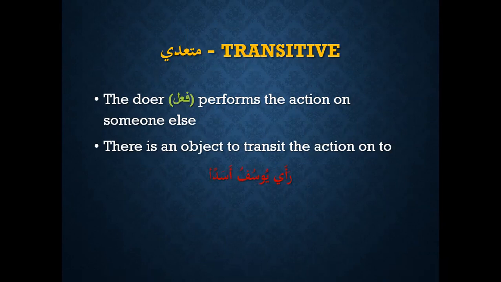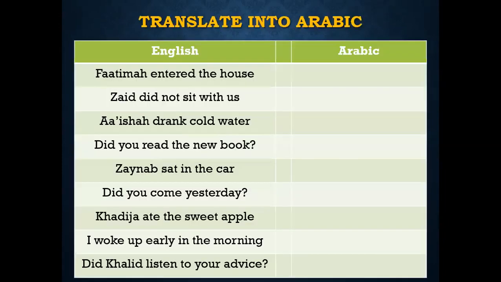You can't see. There has to be something that you see to bring that action into existence. For that action to happen, there has to be an object. طبخت هالة طعاما. Hala cooked food. Okay, let's do some practice on that.